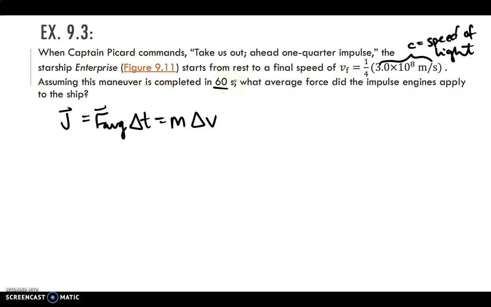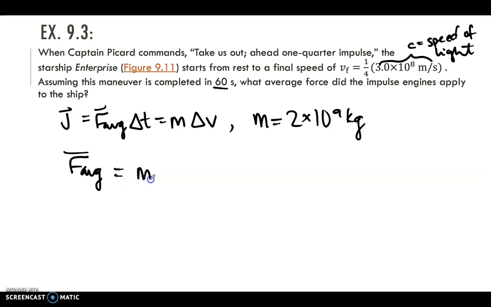Let me check real quick to see if I'm missing a mass here, because I believe I will need it. In the textbook, it does give us a mass of 2 times 10 to the 9th, I believe, kilograms. So now we simply want to find our average force, F average. So we're going to use this equation.